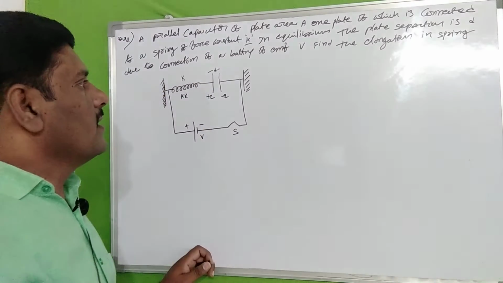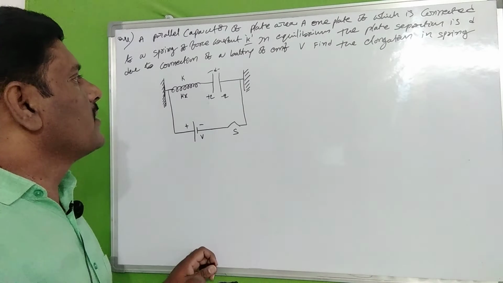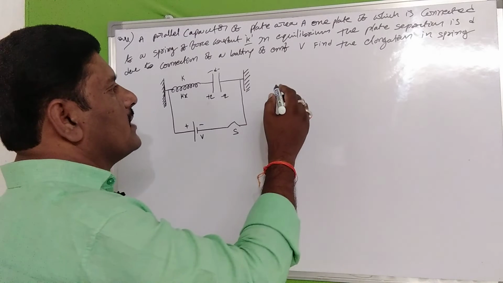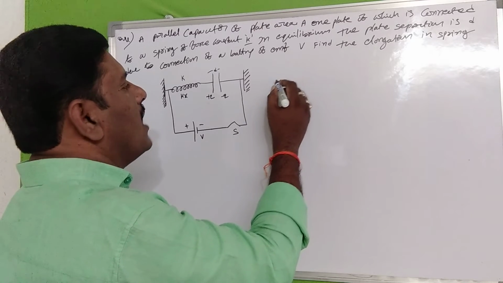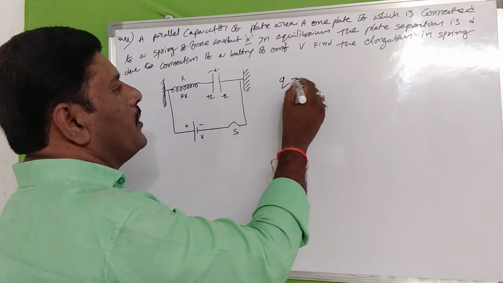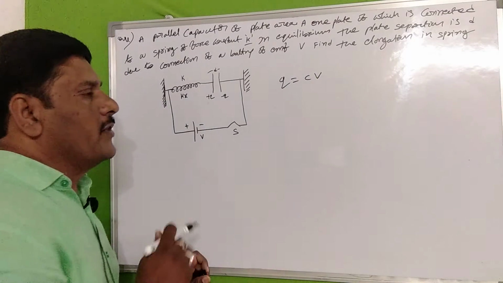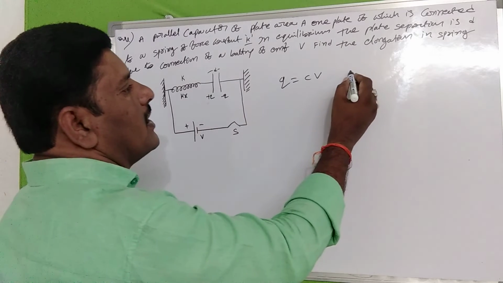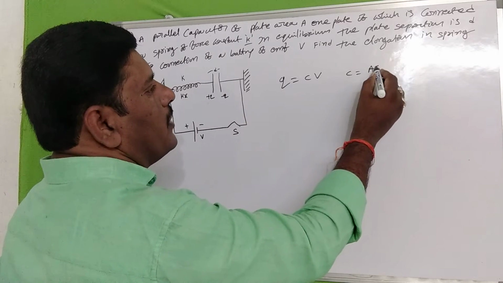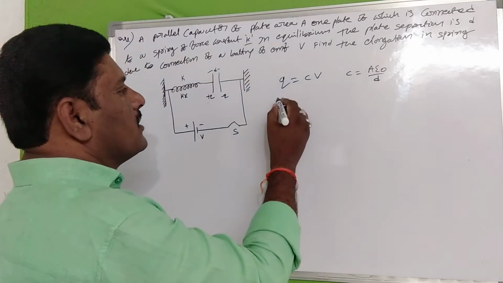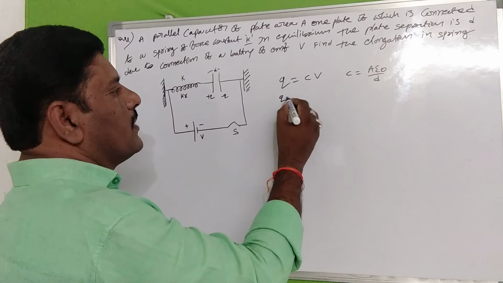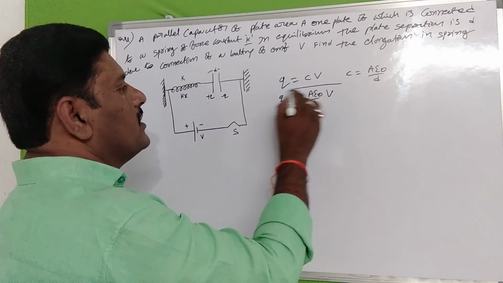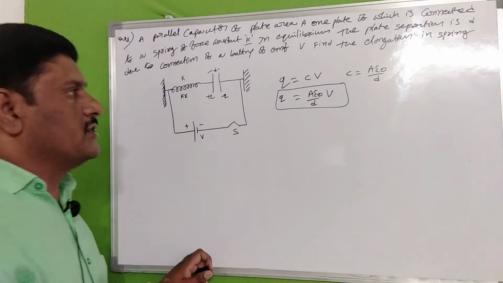First of all we find the charge on each capacitor plate. We know that the charge on each plate is Q equals CV. Here C is the parallel plate capacitor, and C equals A epsilon naught by D. So now we can write Q equals A epsilon naught by D into V. This is the charge on each plate.